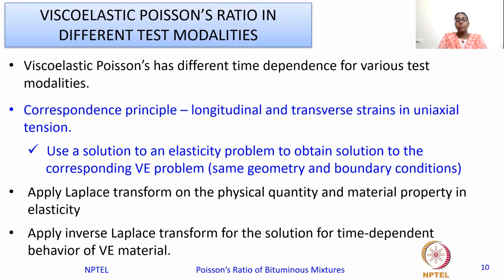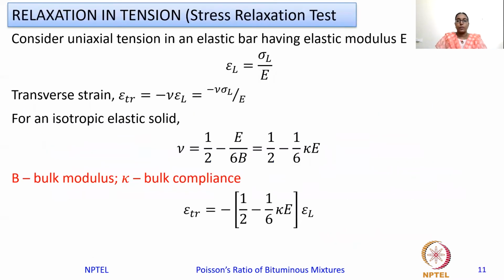You apply the Laplace transform on the physical quantity and the material property in the elastic mode, and then apply the inverse Laplace transform for the solution in the viscoelastic regime, or for the time-dependent behavior of the viscoelastic material. So this is the whole idea: you use the correspondence principle, apply the Laplace transforms, and then apply the inverse Laplace transform to convert an elastic solution to the viscoelastic solution.